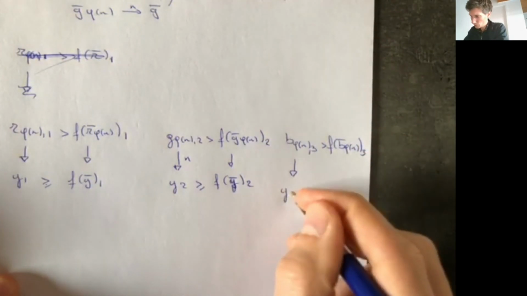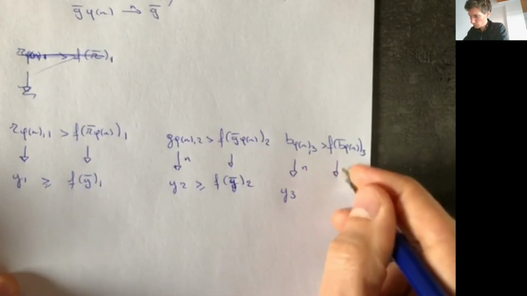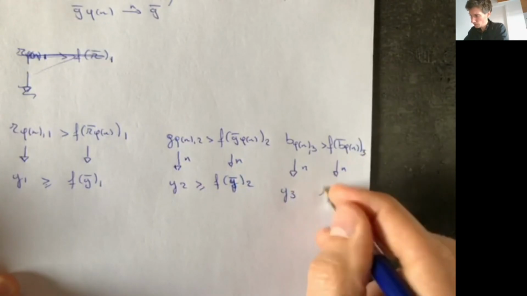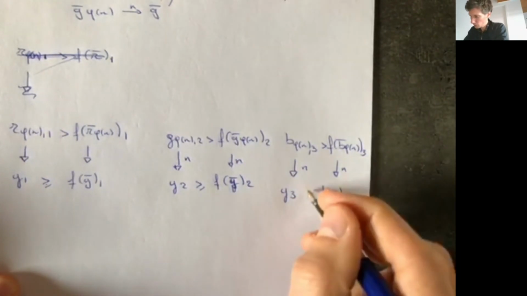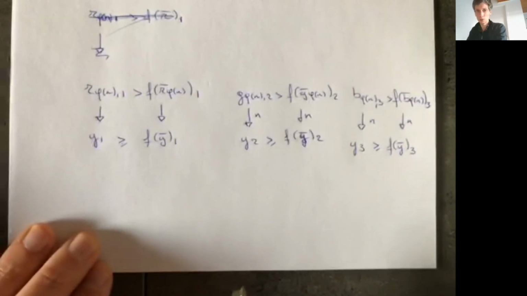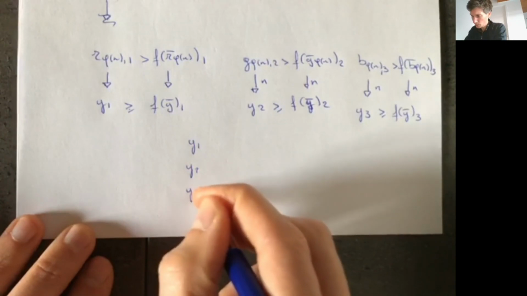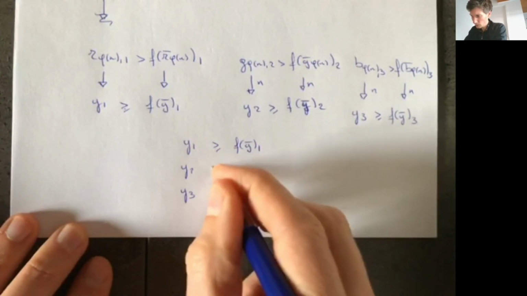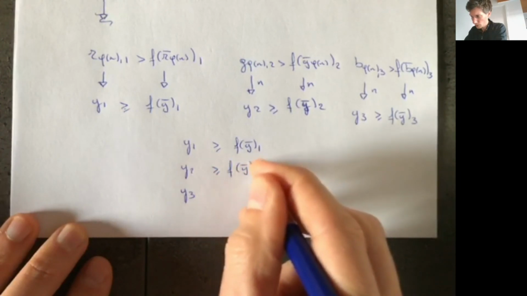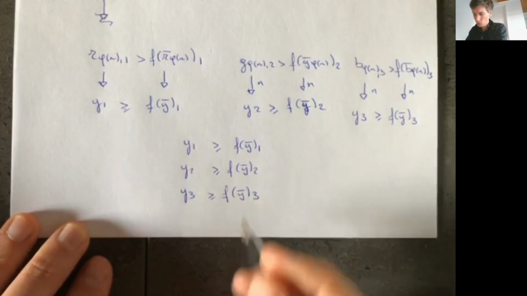B phi n3 converges to y3. Because of continuity of f, this converges to f of y3, and then this becomes a weak inequality. Okay, so we have y1, y2, y3. This is greater or equal to f of y1. This is greater or equal to f of y2. This is greater or equal to f of y3.